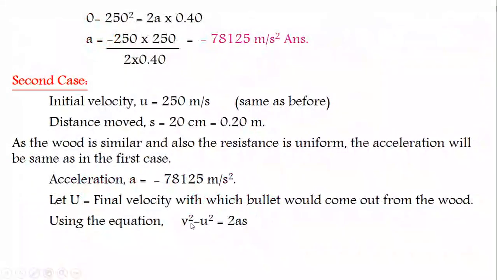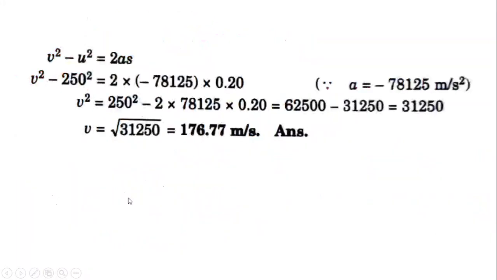We know the initial velocity is 250 meter per second, the acceleration is minus 78125 meter per second squared, and s equals 20 centimeter. Using this equation, we will find the final velocity. Here let v equal the final velocity, not u. This is the v.